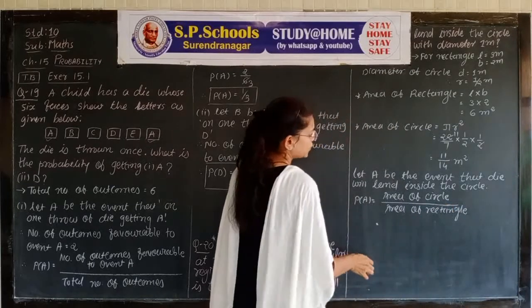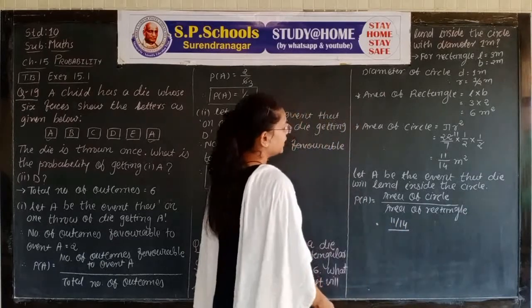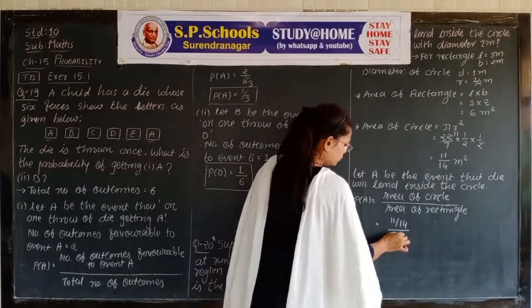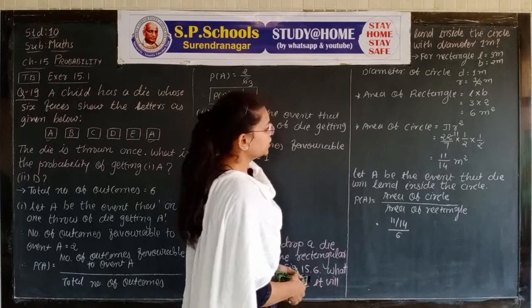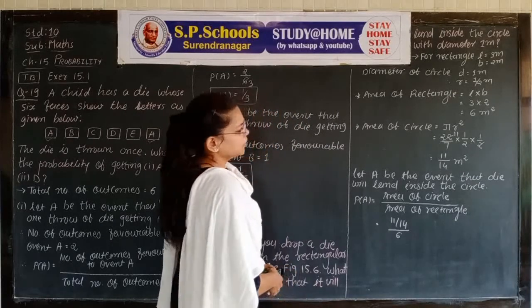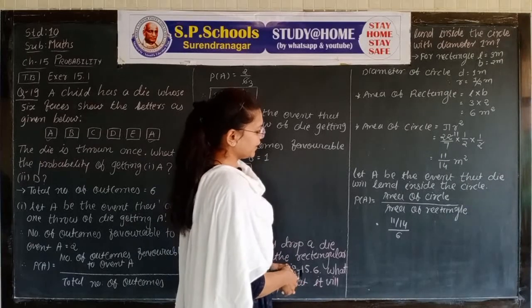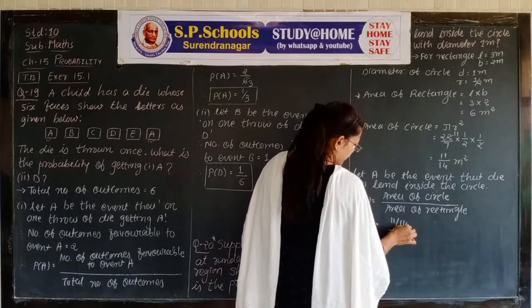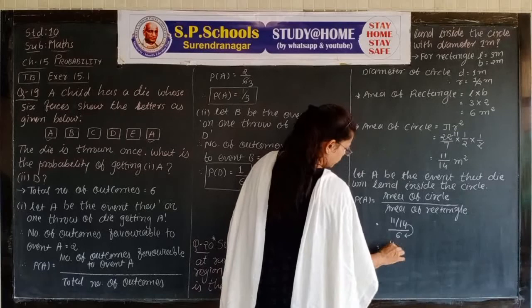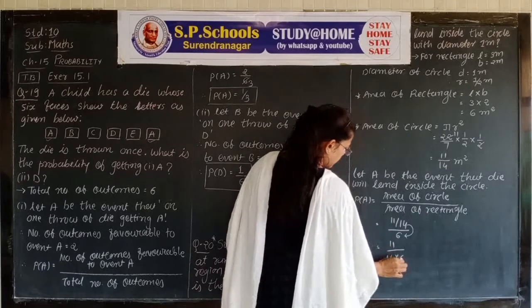Where area of circle is equal to 11 upon 14 and area of rectangle is equal to 6. Now shift 6 into the denominator: 11 upon 14 into 6.